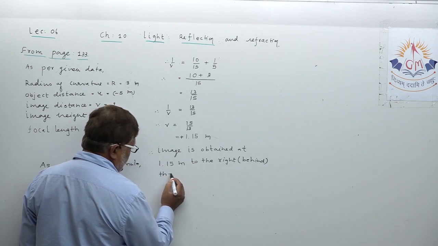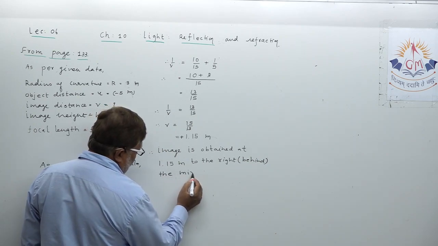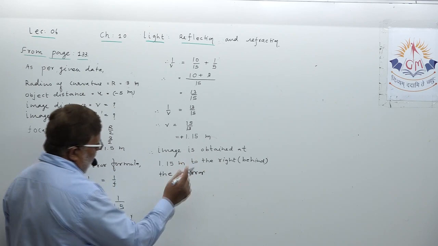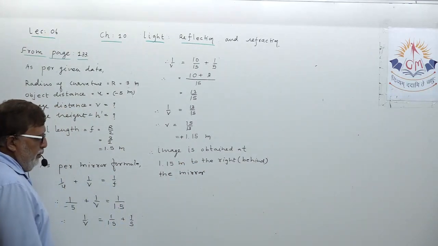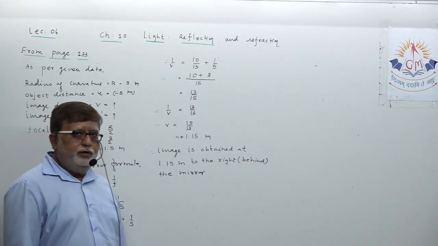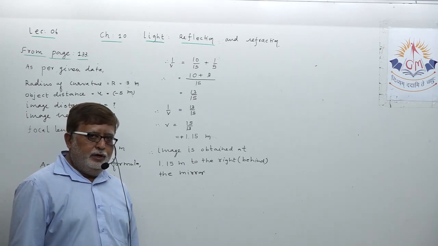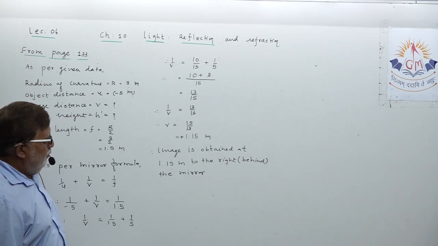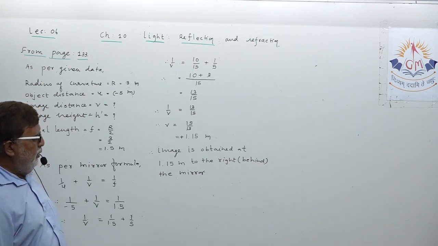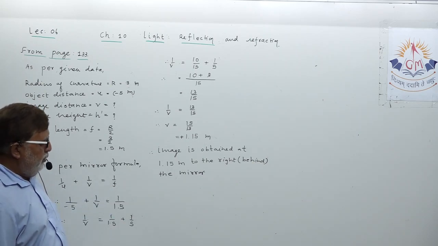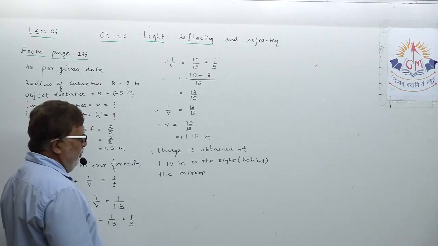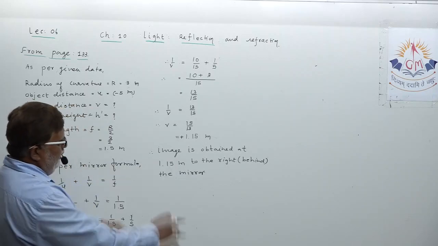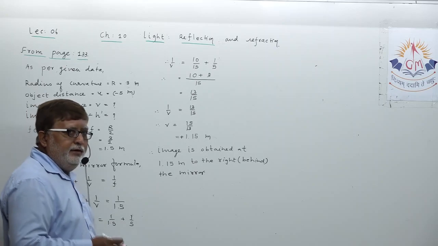In case of convex mirror, many things need to be very clear in your mind. V will never be negative, M will never be negative, H dash will never be negative. So here we got 1.15. So image is obtained to the right of the mirror, that means behind the mirror.